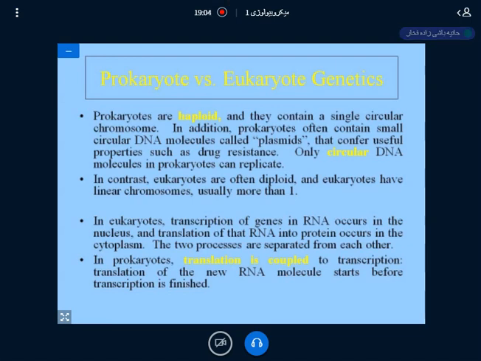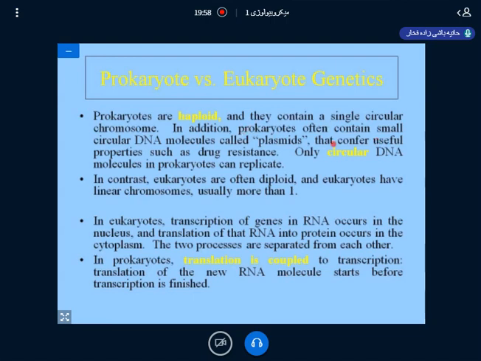Yes. Nuclei. Eukaryote have nuclei, but prokaryote don't have.